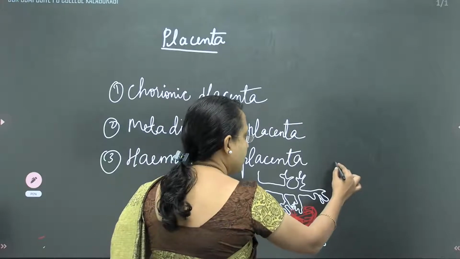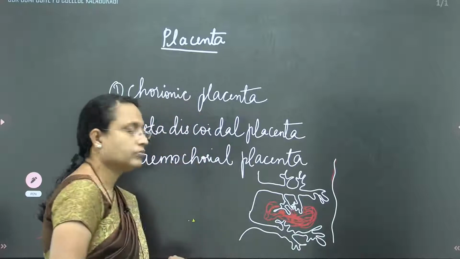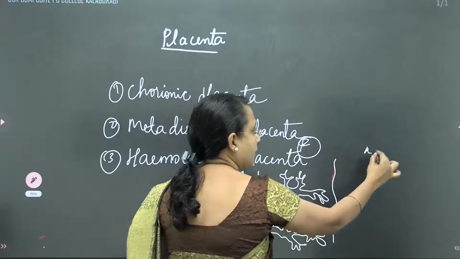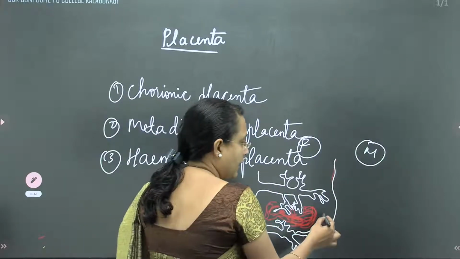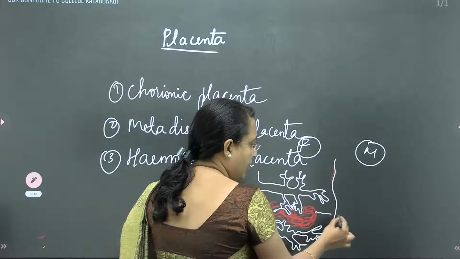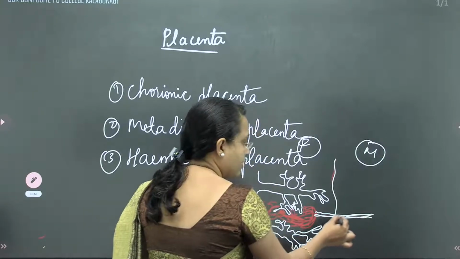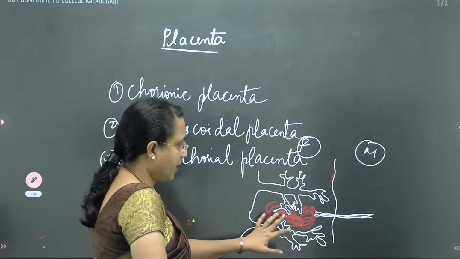So consider this is the fetal part and this will be the maternal part. So maternal capillaries will open into this sinuses. Maternal capillaries, they open into the sinuses and therefore release the blood in this sinus.